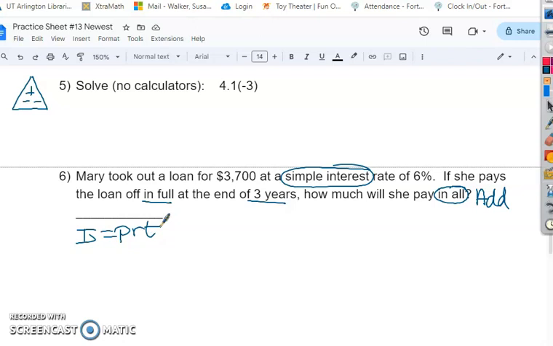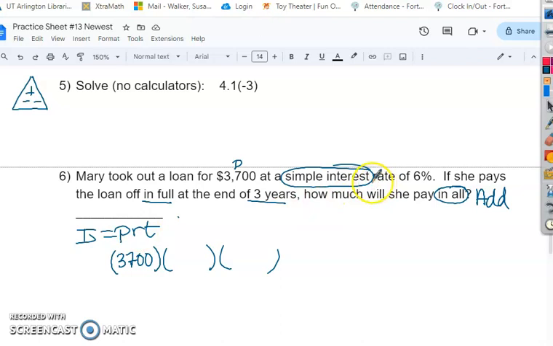Okay, so I'm going to help you out. I have 3 variables, 1, 2, 3, 1, 2, 3 parentheses, just like we do with our formulas. The loan is our principal.